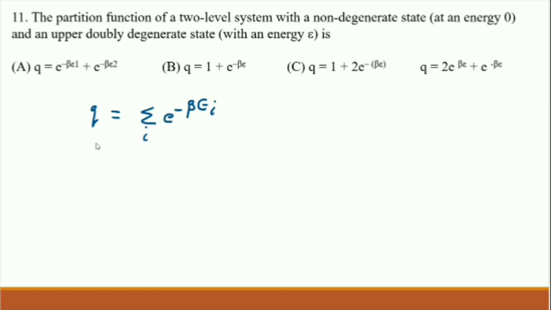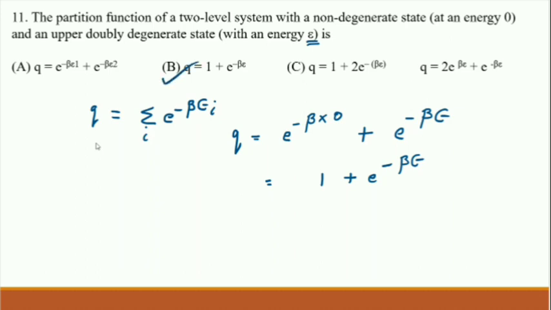Here the ground level is 0 and the excited level, the upper doubly degenerate state, is epsilon. So you can substitute Q equal to e raised to minus beta into 0 plus e raised to minus beta epsilon. So what will be the answer? 1 plus e raised to minus beta epsilon. So the option is B.